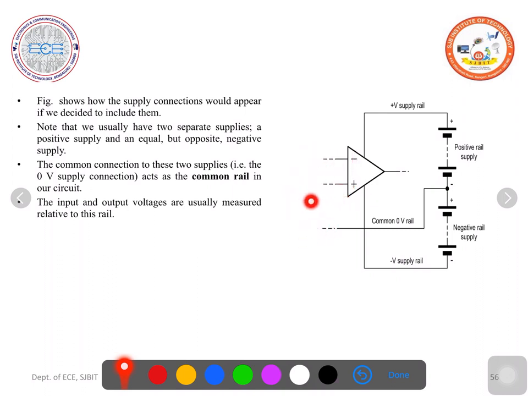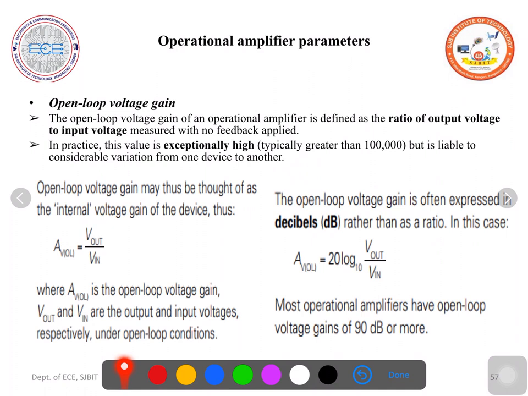Then the common terminal here is the common 0 volts rail. Whatever components you connect to the inverting terminal and non-inverting terminal will definitely have a common terminal connected to this one. So always with respect to the common terminal, we apply the voltages to the inverting and the non-inverting terminals.